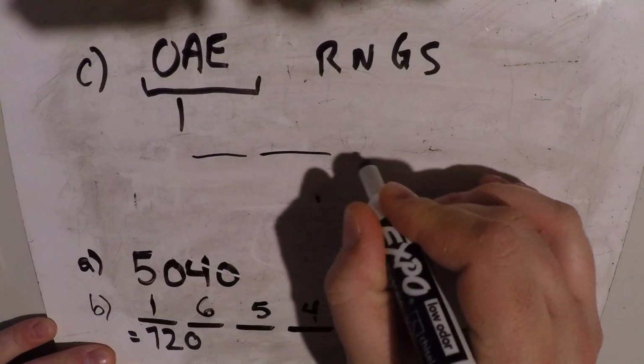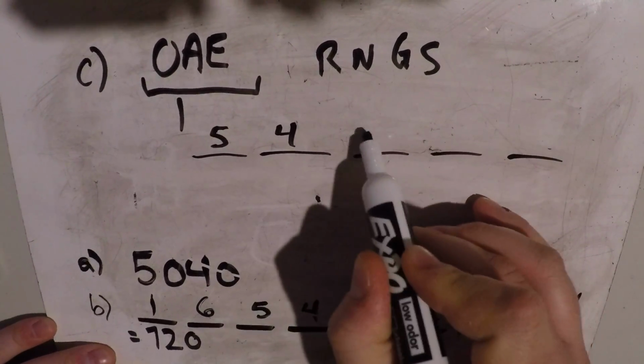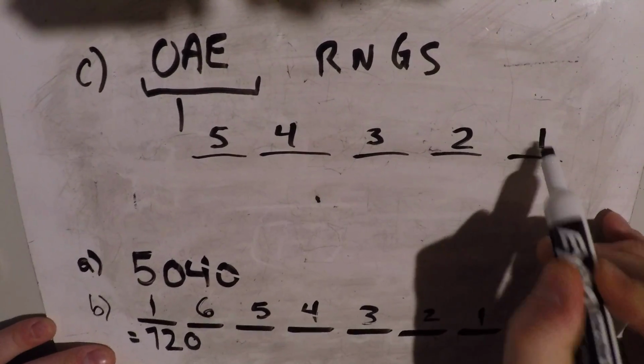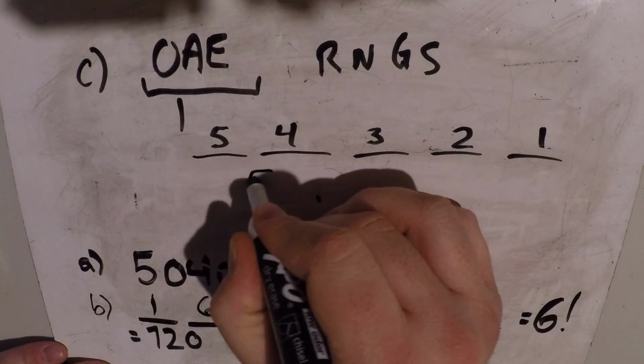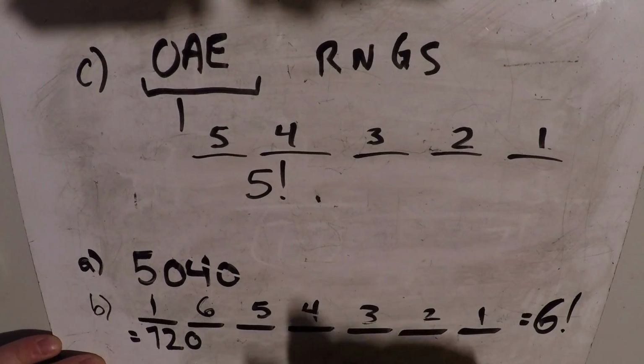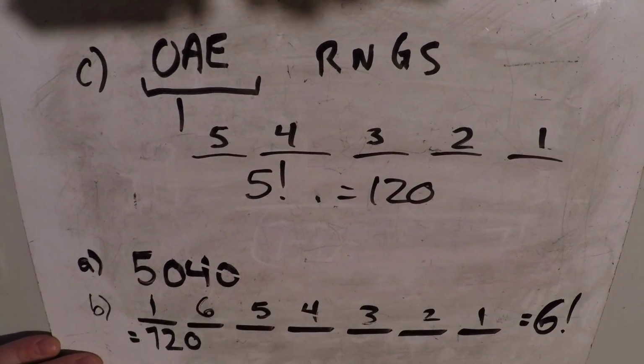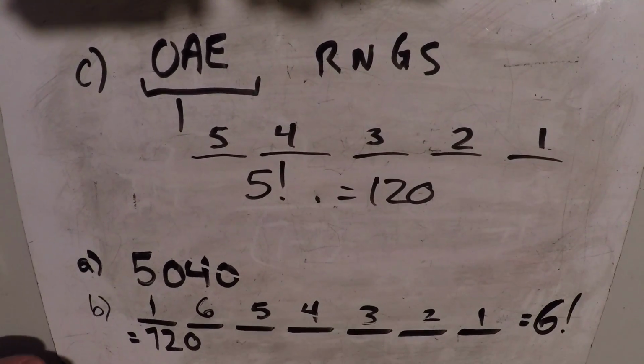Basically, we have 5 things, 5, 4, 3, 2, and 1, or 5 factorial. 5 factorial being 120. Again, as we went from A, no restrictions, to B, more restrictive, there's a particular letter first, to C, most restrictive, O, A, and E needs to be together, we decreased the number of arrangements.